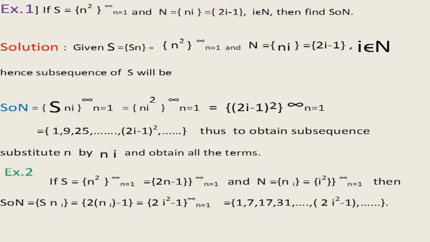Let us see an example. If S is equal to n square, n is equal to 1 to infinity, and n is given as small n_i, the sequence n_i is equal to the sequence 2i minus 1, where i is a natural number, and we have to find the composite sequence S_{n_i}.